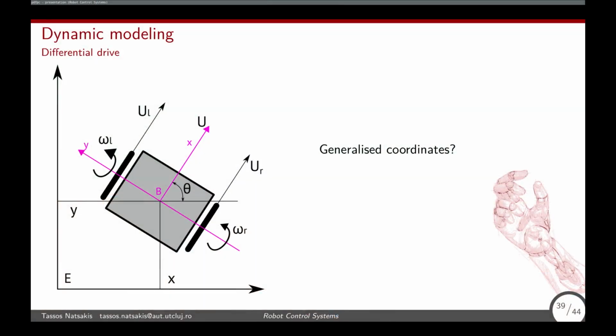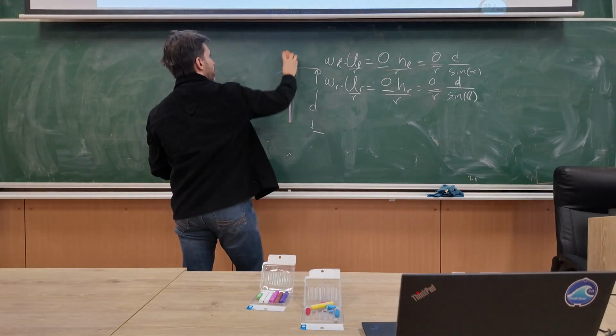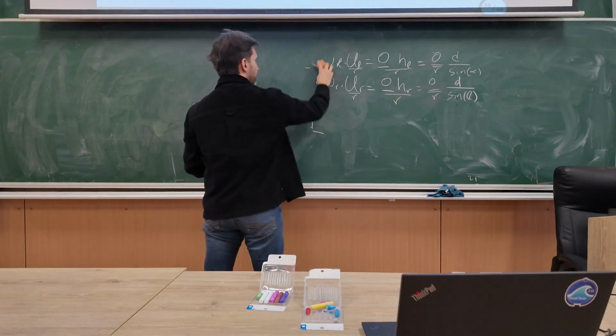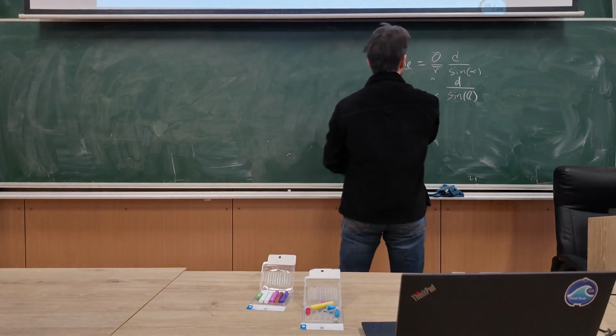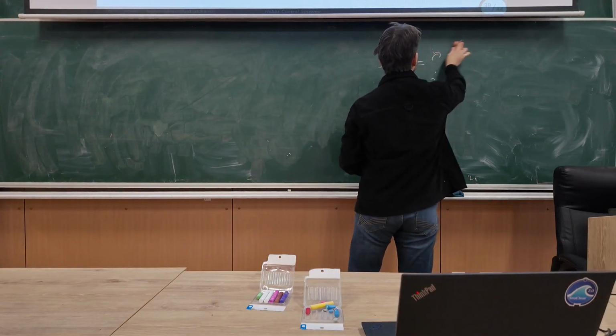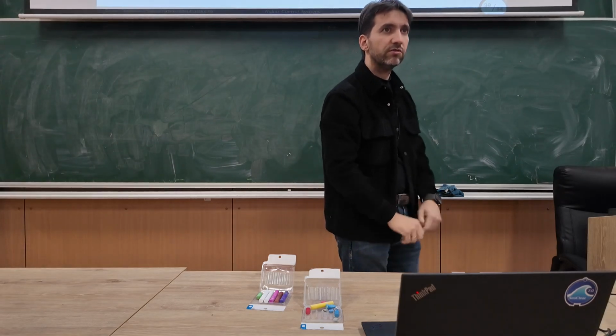If we want a dynamic model, which would be useful also for the control aspect we just saw, how do we proceed? Any idea based on what we saw? What would be your approach?